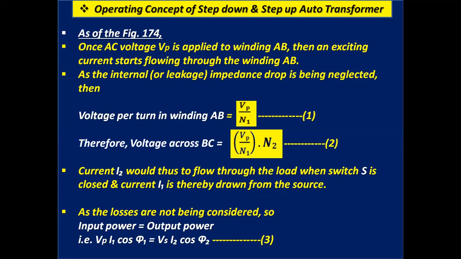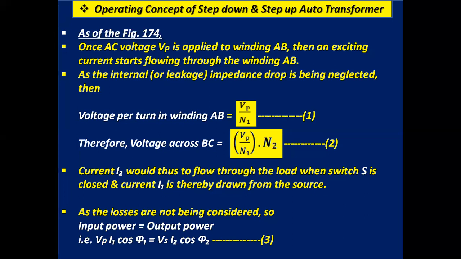Operating concept of step down and step up autotransformer. As in figure 174, once AC voltage Vp is applied to winding AB, then an exciting current starts flowing through the winding AB.